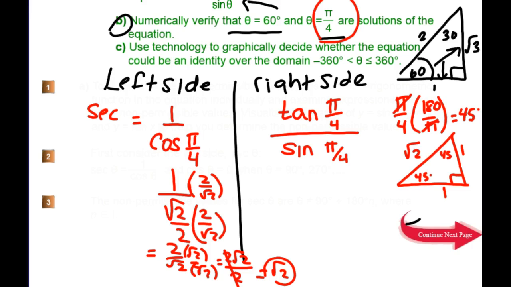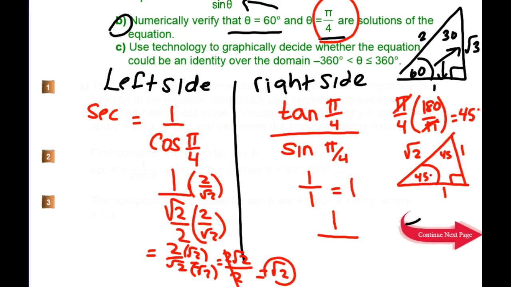Okay, so if I'm looking for tan 45, which is the same thing as tan pi over 4, tan is opposite over adjacent. So it's 1 over 1, which is 1. So our top is 1 for tan 45, and then since pi over 4 is still 45, what's sine 45?